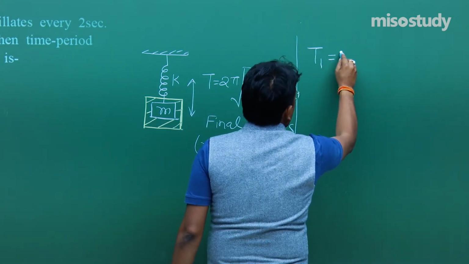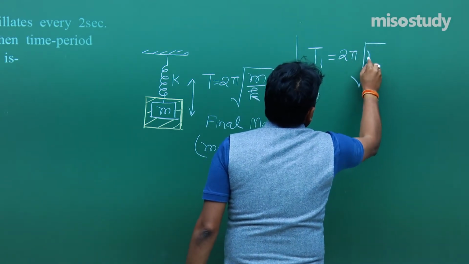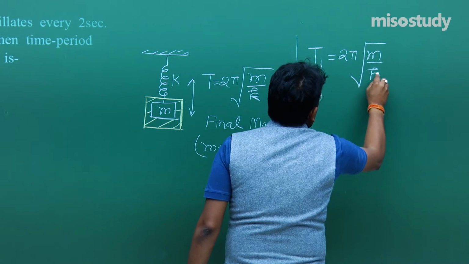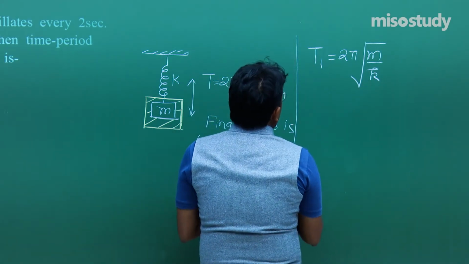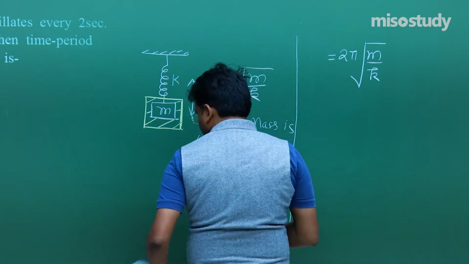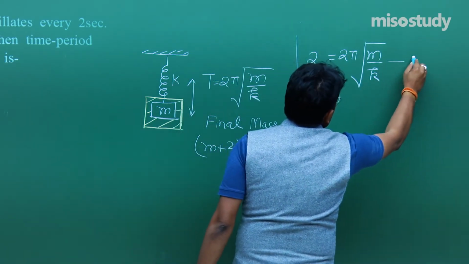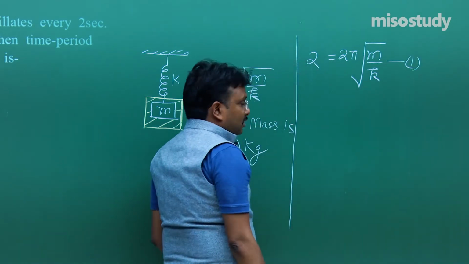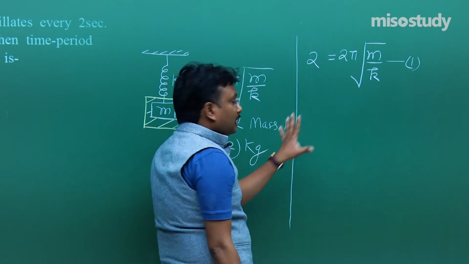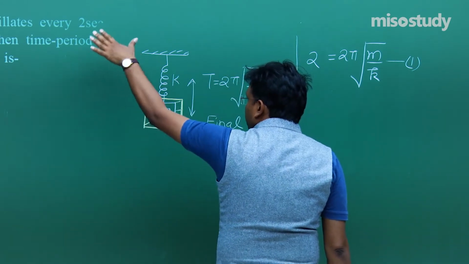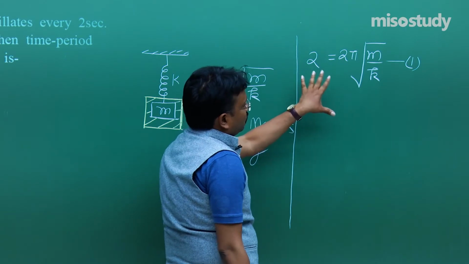So, T1 is equal to 2 pi under root m upon k. But in the problem it is given that value of T1 is 2 seconds. Okay, 2 seconds. Let us say this is equation number 1. This is something which I am telling you just to understand. Otherwise, I can finally put the solutions over here, but just to show you what should be the approach, that is why I am using this.